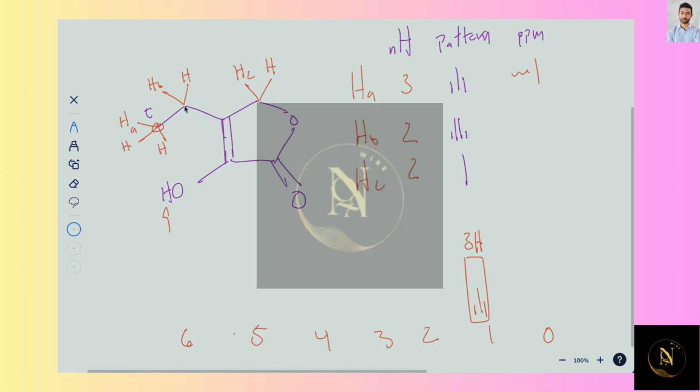B, on the other hand, is connected to an alkene. So here's where we want to refer to an NMR shift chart. Hydrogens that are on carbons that neighbor double bonds, what kind of shift should we expect for that?